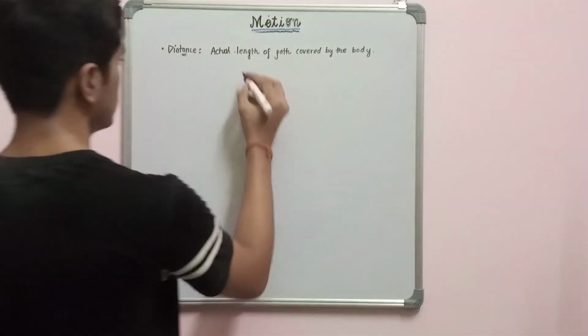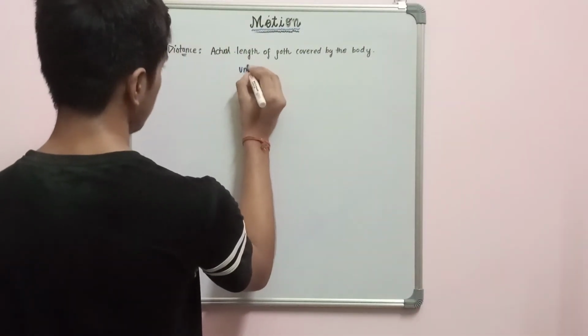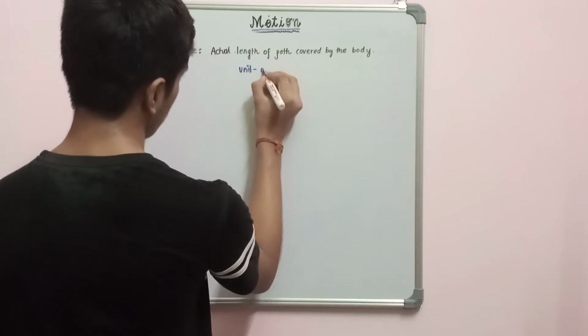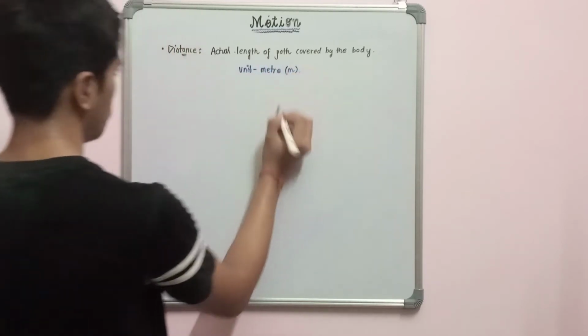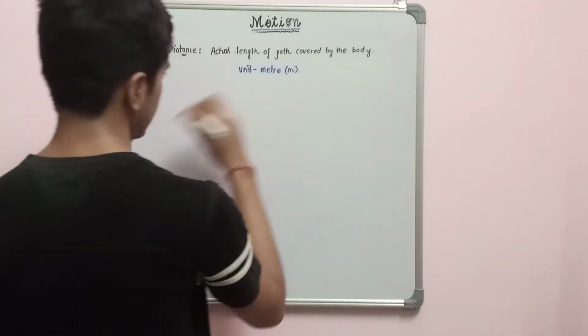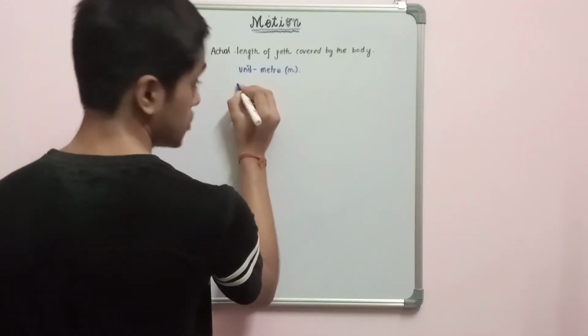Dimension is also related to units, and we will see how to calculate dimensions as well. So how do we measure the unit? The unit is measured in meters, denoted by a small m.